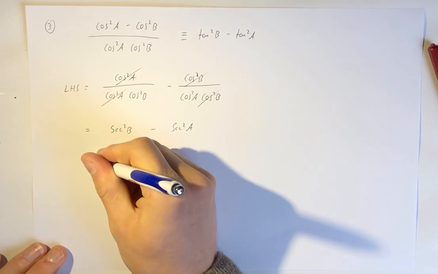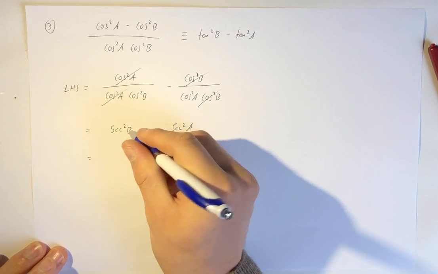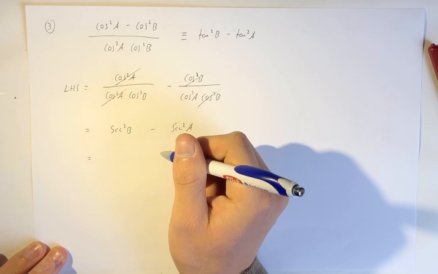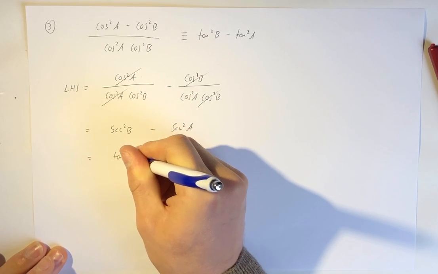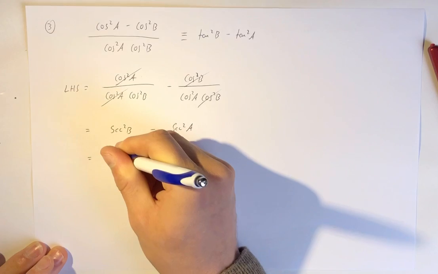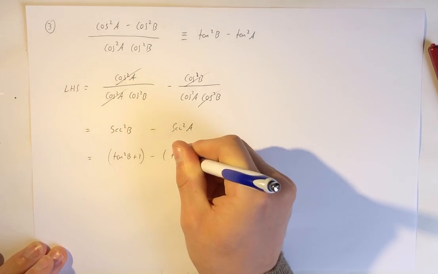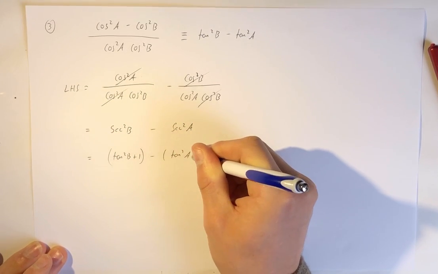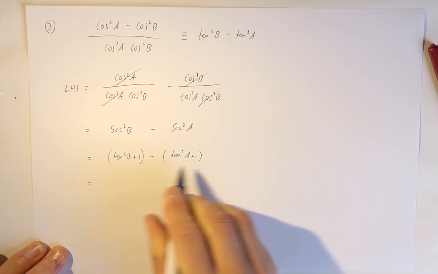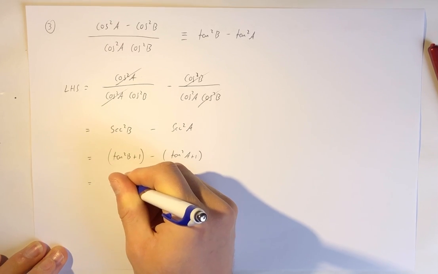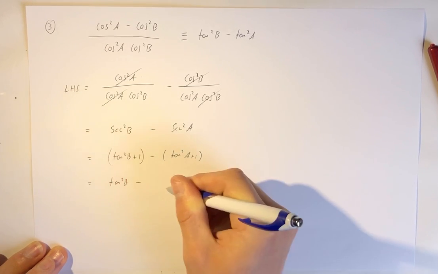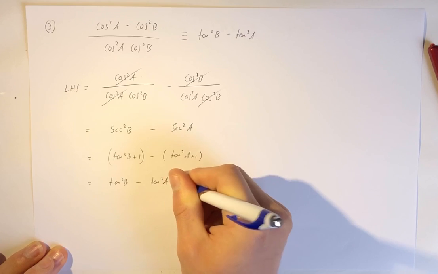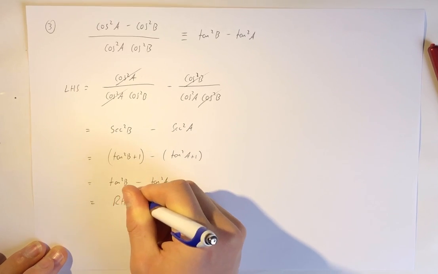What I did was I wrote this as tan squared B plus 1 minus tan squared A plus 1. When you do that full subtraction, you get tan squared B minus tan squared A, and that is the right hand side.